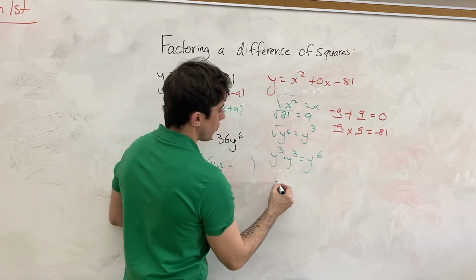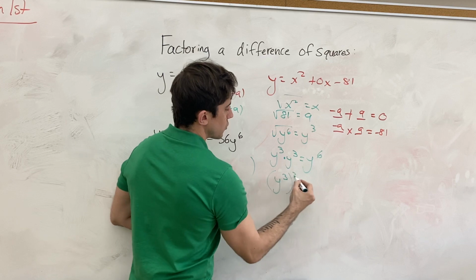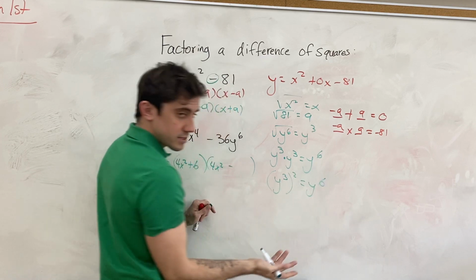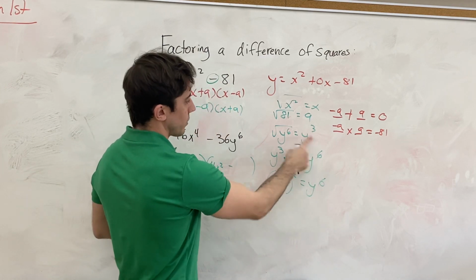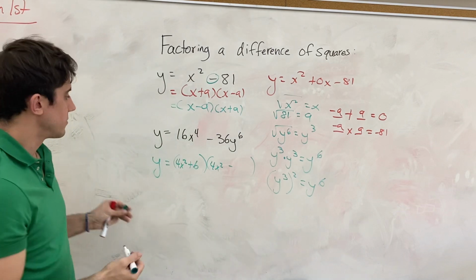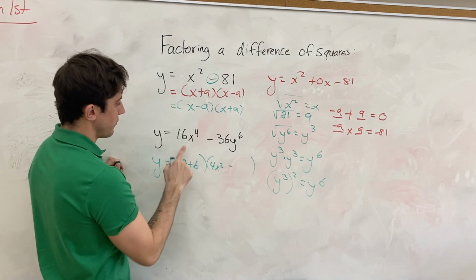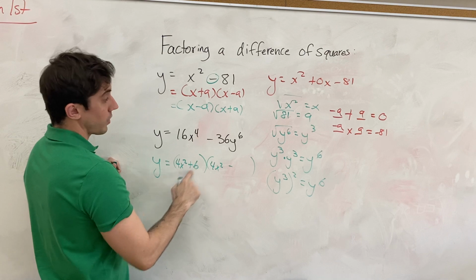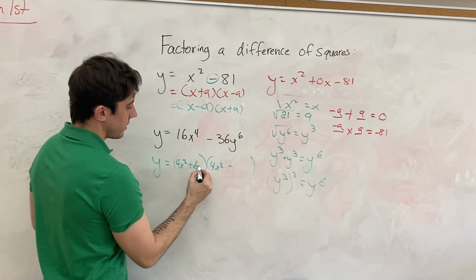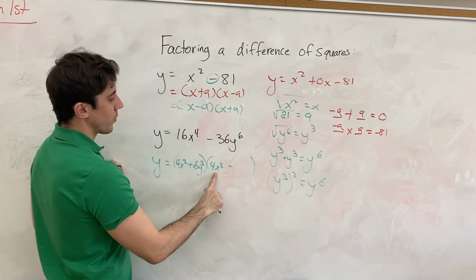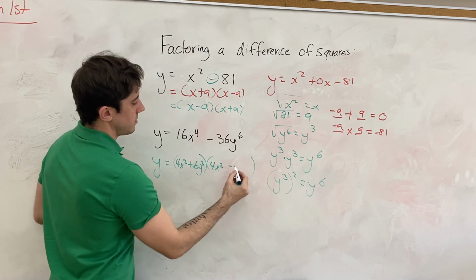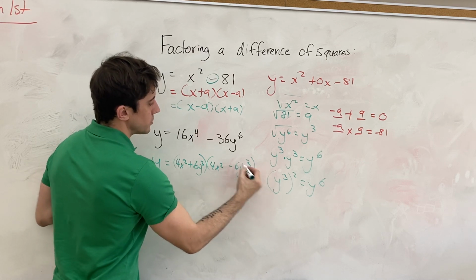So that means that y cubed squared is equal to y to the 6, which means that y cubed is the square root of y to the 6, right? So we get 4x squared plus 6y cubed and 4x squared minus, again, 6y cubed.